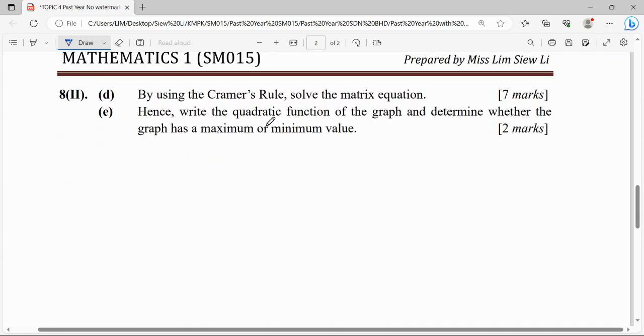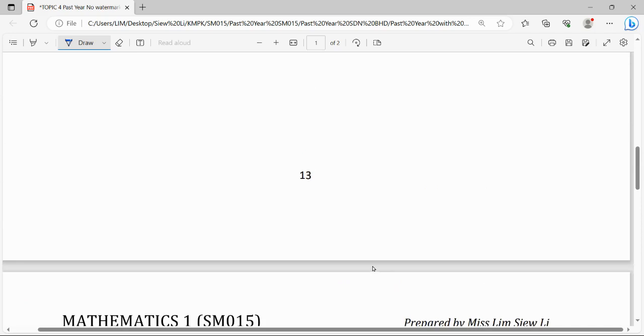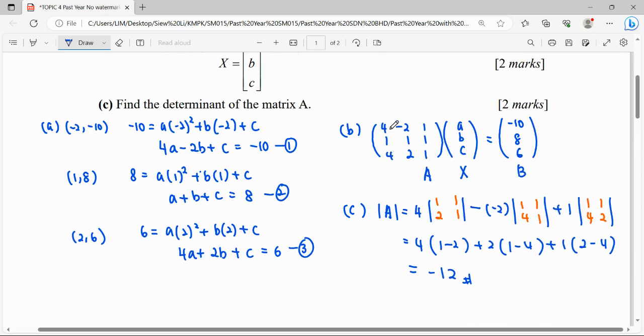Then we go for question D. By using Cramer's rule, solve this matrix equation. In order to solve our first unknown a, we find the determinant of the matrix by replacing the first column.